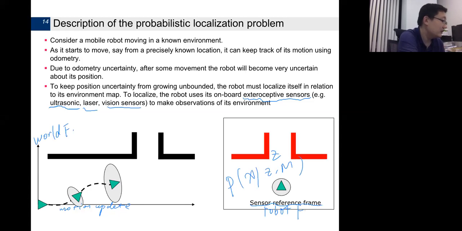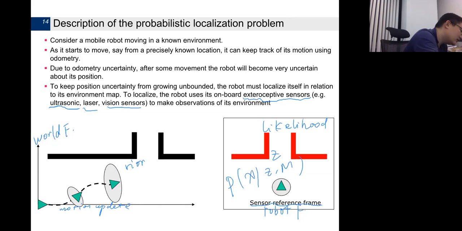You need to multiply this likelihood with this guy, which is a prior. You need to multiply the yellow part with this guy.